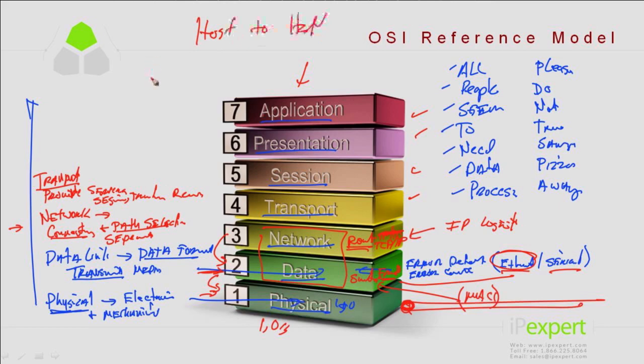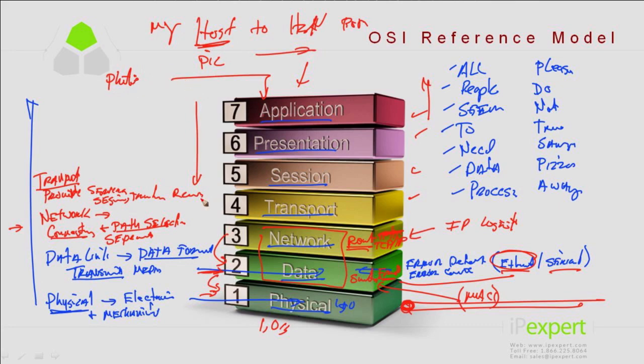So if I have an image, let's say a picture on my computer, and Bob is on another computer, another host, and he wants to look at that picture, it's going to have to get passed down my model, and then it's going to have to come up his model such that whatever application we're using at the application layer, let's say Photoshop, I have a Photoshop format, it goes down and then comes back up into his machine to where he can see it in Photoshop.